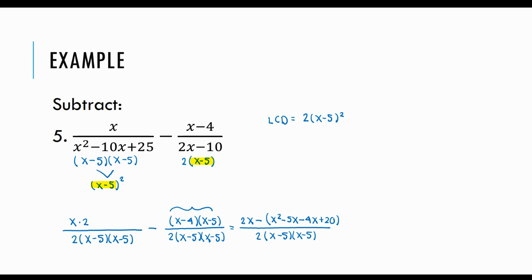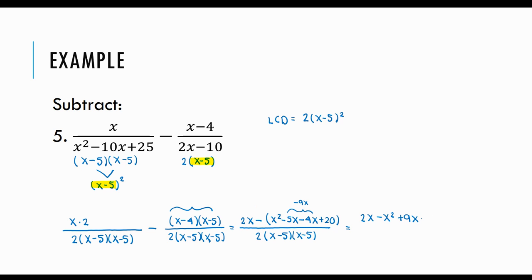Okay, I can combine like terms in the parentheses of the numerator, but I also then have to distribute a negative. So understand that we'll still have 2x, but now I'll have a negative x squared. This is going to simplify to be negative 9x, but when I distribute the negative, it becomes a positive 9x.